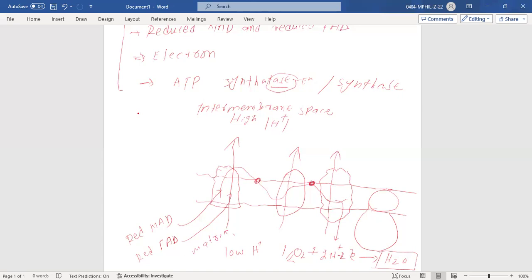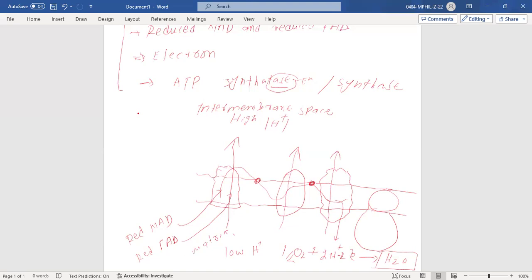On this side you will have low protons, and on the other side a higher number of protons, because the protons which are present on this side are transported towards the inner membrane space because of the energy released by these electrons. So a high electrochemical gradient will be established here.